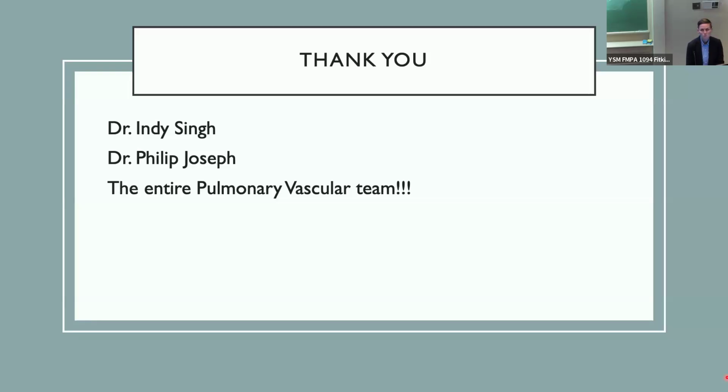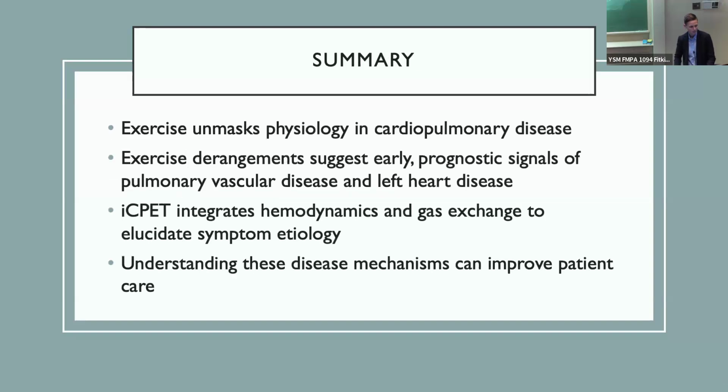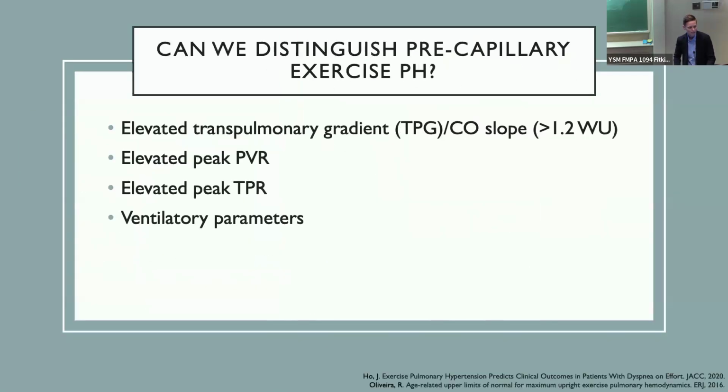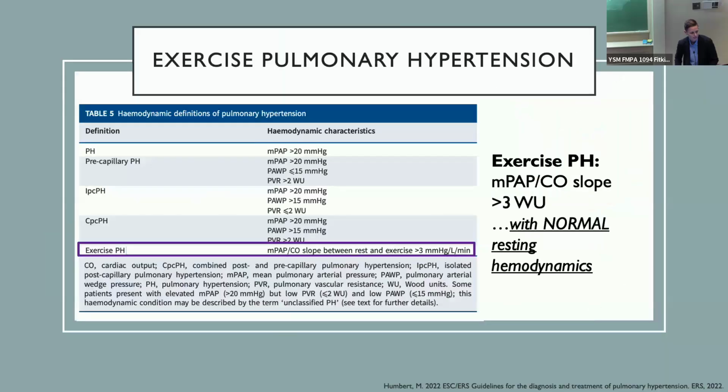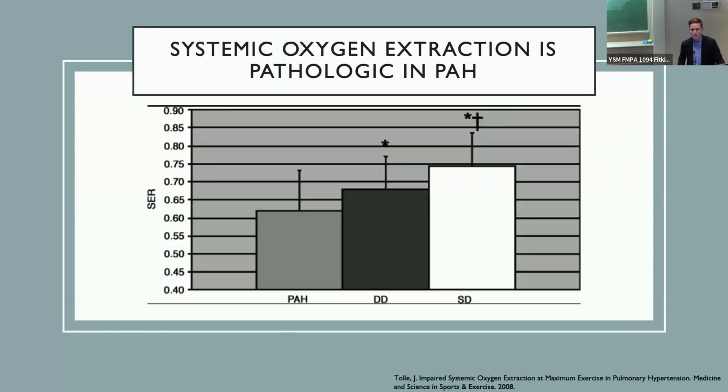And then one last thing is the study that I showed was interesting. The reason why I included this, and I didn't really go over it, is that this group was able to show deranged systemic oxygen extraction.